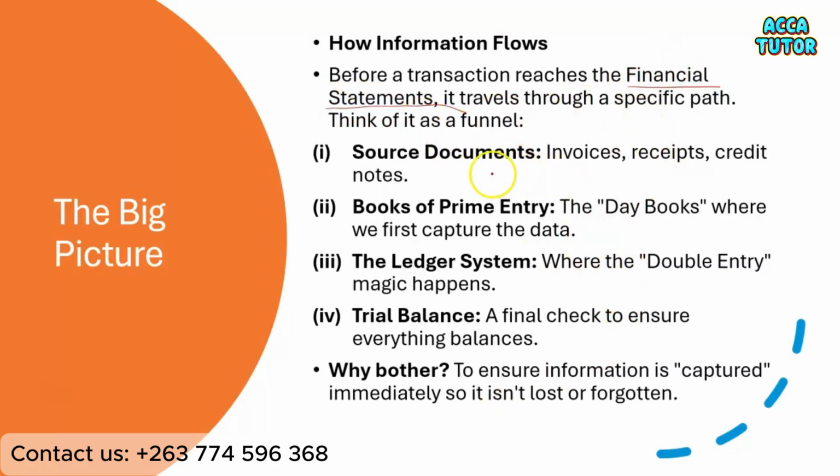So before a transaction reaches the main accounts, it travels through a specific path. Think of it as a funnel. These transactions follow a certain route, and they don't just jump and wake up in the financial statements.